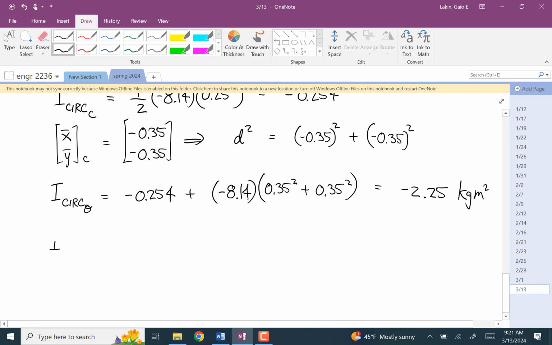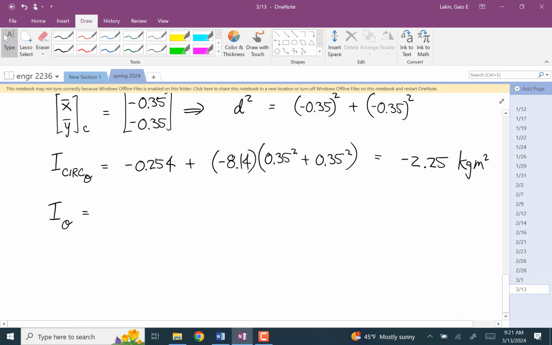And so the total mass moment of inertia about the origin is 87.01 minus 2.25. And so that is 84.76.